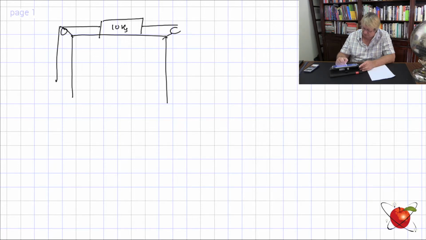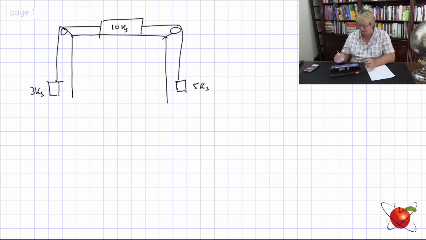As I've said before, I'm not an artist. And let's say they say we've got a 5 kilogram weight over here, and we've got a 3 kilogram weight over there. Now, you guys, surely you've seen this kind of problem, right? It could be this, or it could be two boxes sitting on there and one weight. We'll do one of those as well at some stage. Let's have a look and see.